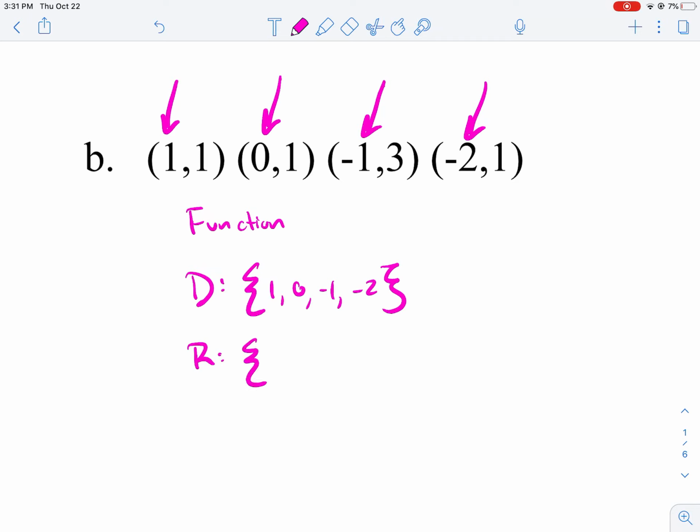Our range is just the y values, so I see a 1 and a 3. Would it be wrong if I wrote 1 in there 2 other times? No, because we do have 4 outputs there, but it's deemed unnecessary, because a 1 is a 1. So we only need to write it once.